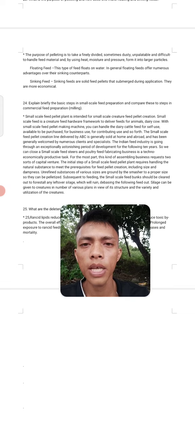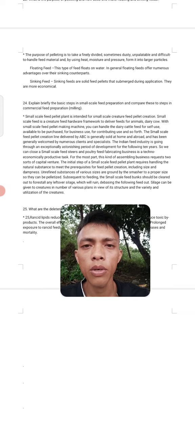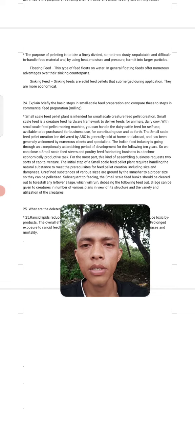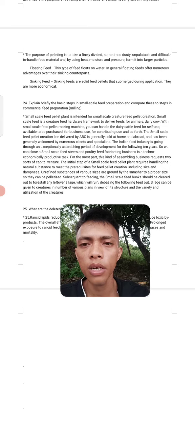Floating feeds are the type of feeds that float on the water. Generally, floating feeds offer numerous advantages over their sinking counterparts. Sinking feeds are solid feed pellets that submerge during application. They are more economical.